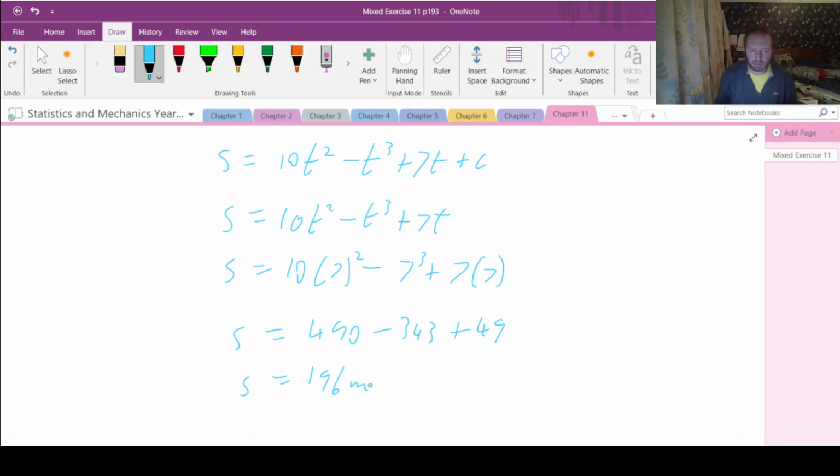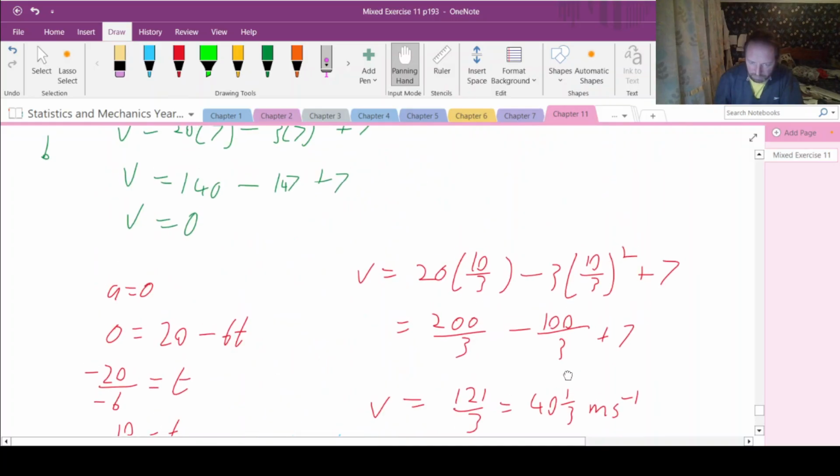But is it? We had a non-constant acceleration. Did we ever have a negative velocity in that time? I don't think so.